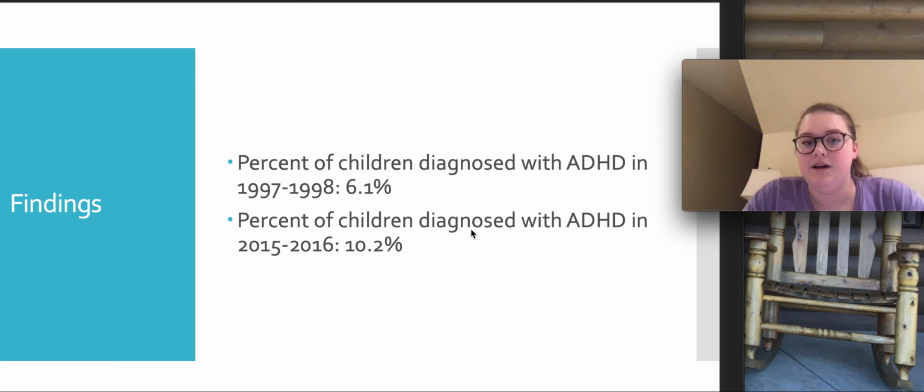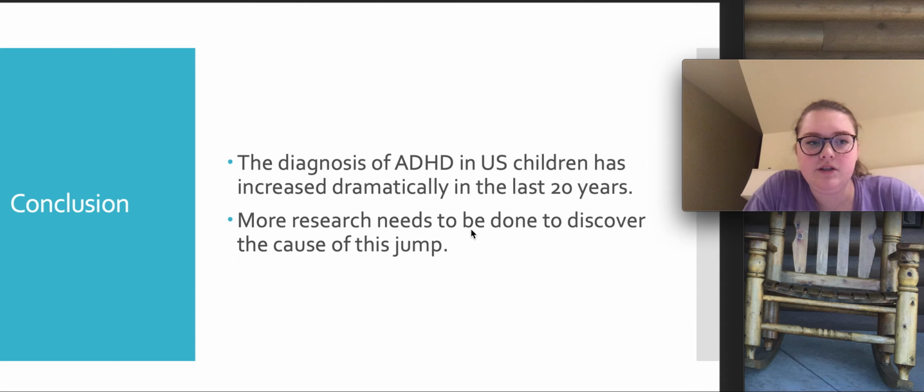This was a dramatic increase in diagnosis of ADHD. You went from 6% to 1 in 10 children having this disorder. So the conclusion is that the diagnosis of ADHD in U.S. children has increased dramatically in the last 20 years, and also that more research needs to be done to discover the cause of this jump.